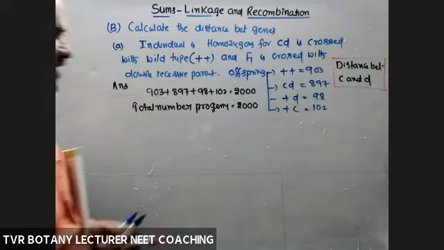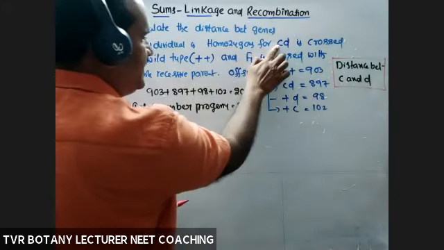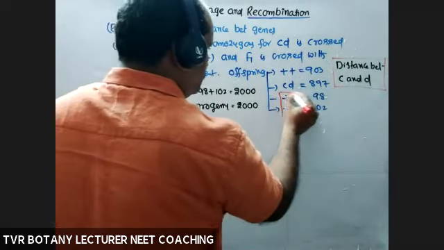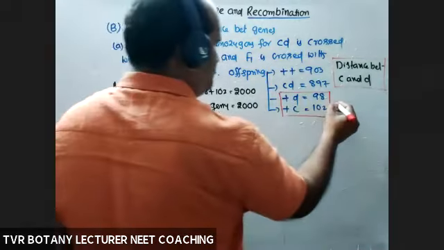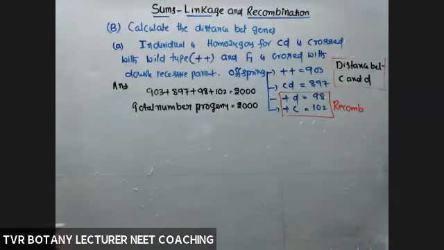Okay, so here plus plus and CD are parental. And what about these two? These two are the recombinants.